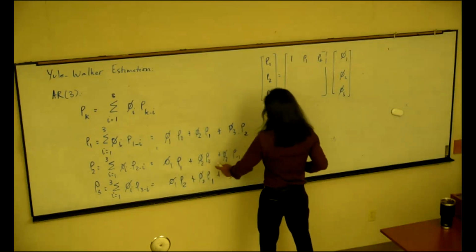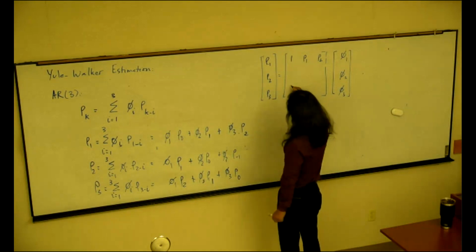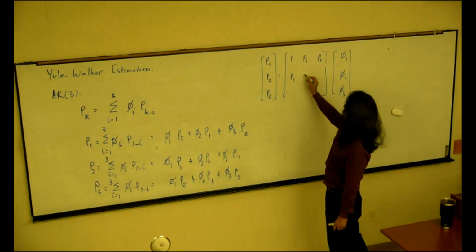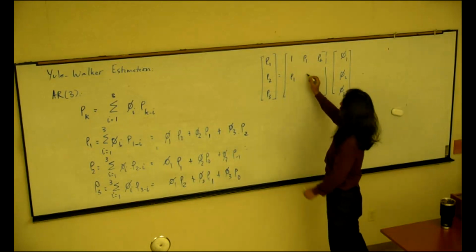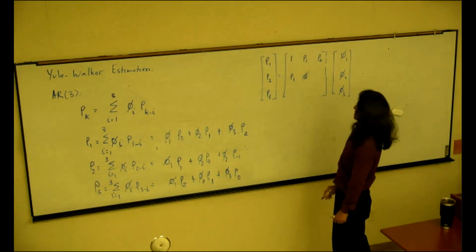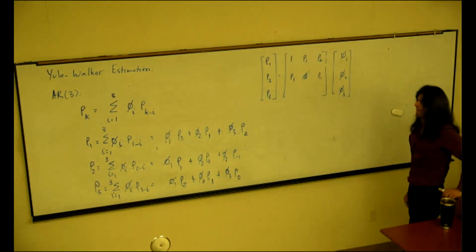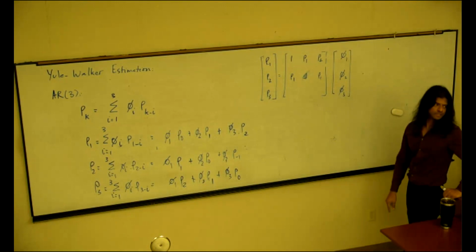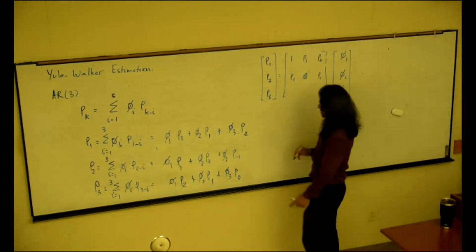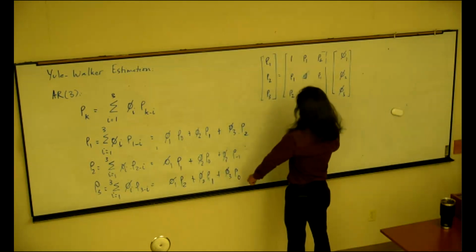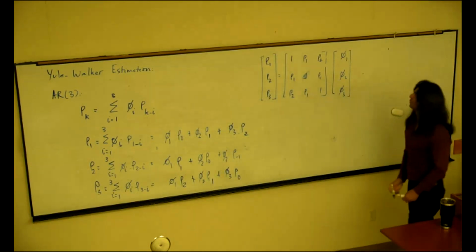I'll have row 1, row 0, and row -1. So row 1, row 0 is simply 1, and I'll end up having row 1. Good. Last case, row 2, row 1, row 0. It's just 1.